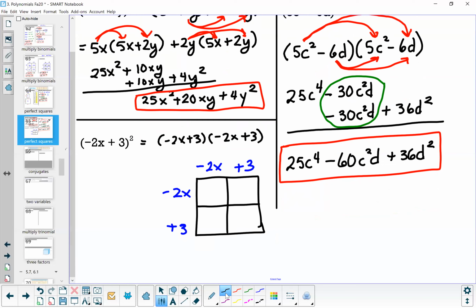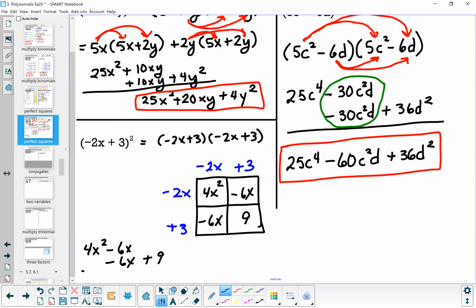So we have negative 2x times negative 2x is 4x squared. Negative 2x times 3 is minus 6x. 3 times negative 2x is minus 6x. There's our repeat term. And then 3 times 3 gives us 9. So we have 4x squared minus the 6x minus the 6x plus the 9.